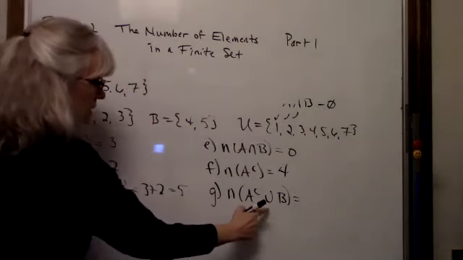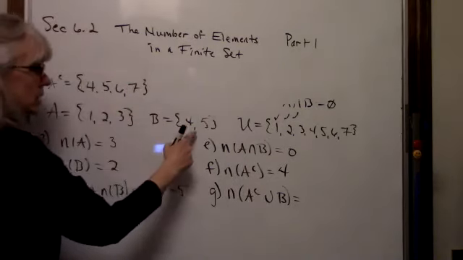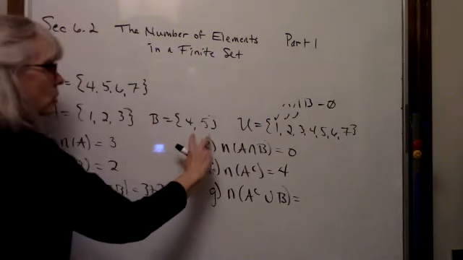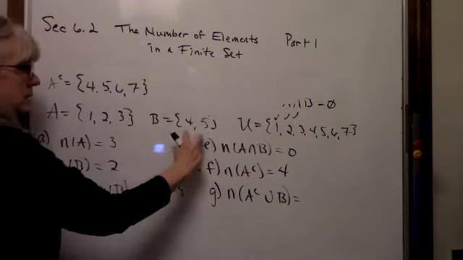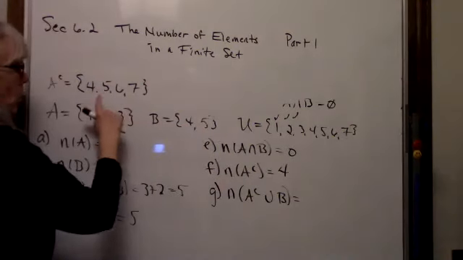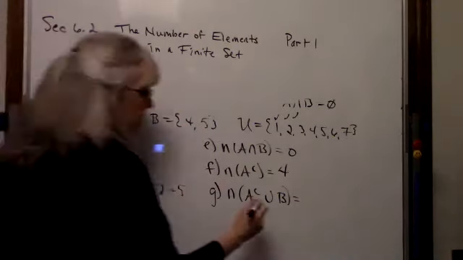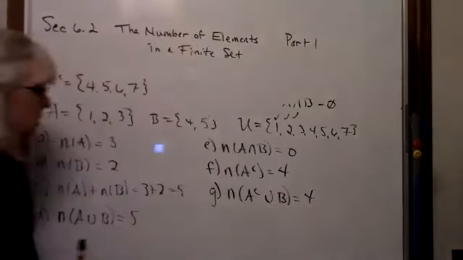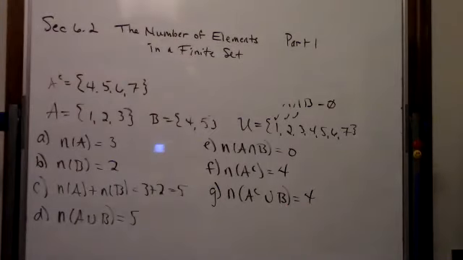This one's asking us to union this set with this set and then count how many things are in it. Well, 4 and 5 are already listed up here. That's a subset of this set. So when we go to count them, we don't have to count them twice. So we have 1, 2, 3, 4. So the number in A complement union with B is 4.